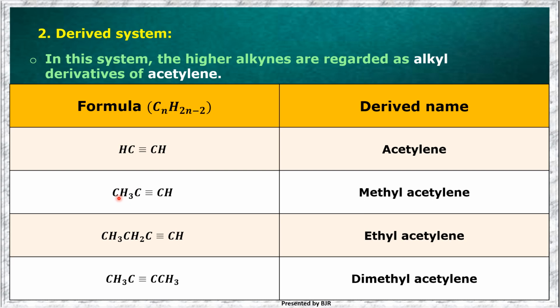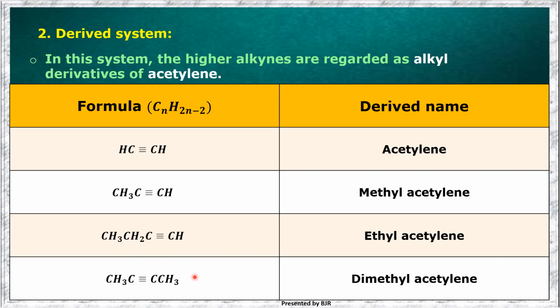Here, CH3C triple bond CH is one of the higher alkynes. In this, a CH3 group is there, for that reason it is methyl acetylene. And in this, a CH3CH2 group is there, so this is an ethyl group, so it is called ethyl acetylene.